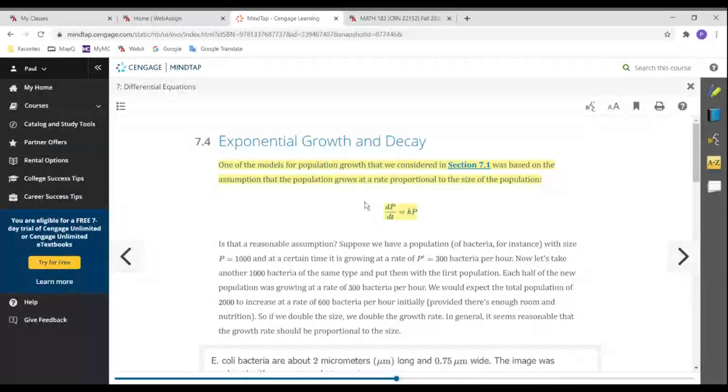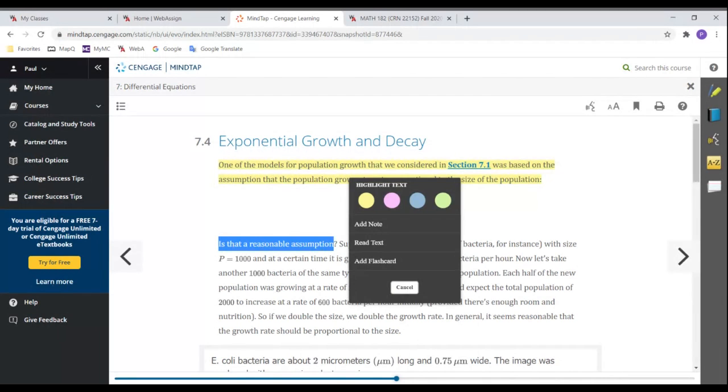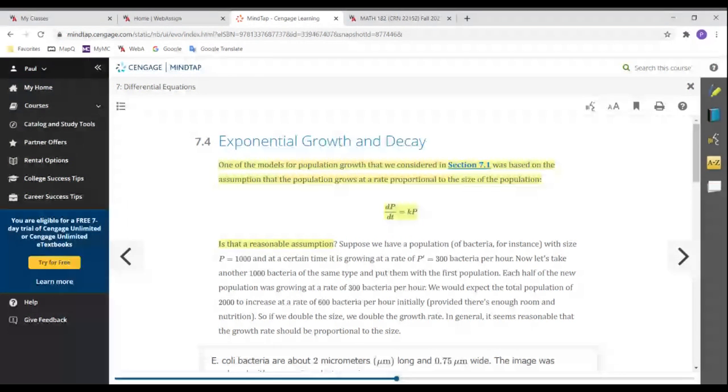So one of the models for population growth that you already saw in section 7.1 was the assumption that the population grows at a rate proportional to the size of the population. In other words, dP/dt equals k times P. And when we want to model a situation using a differential equation, we always have to ask, is the assumption reasonable?